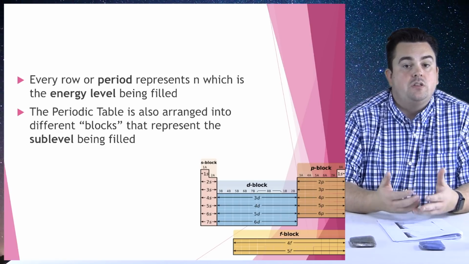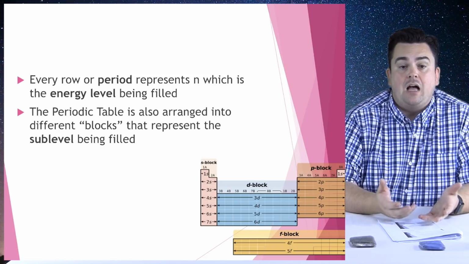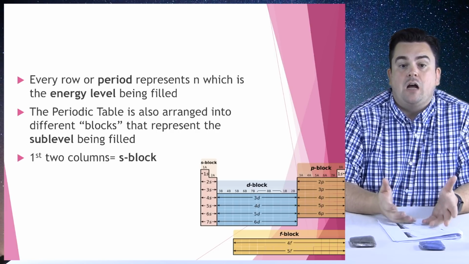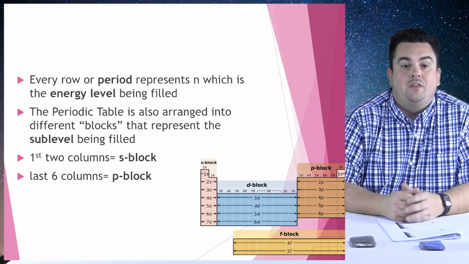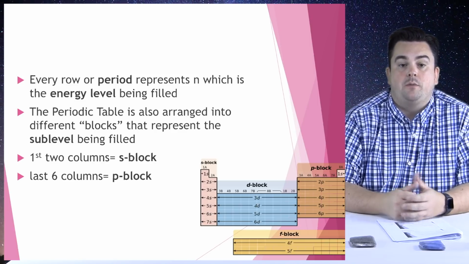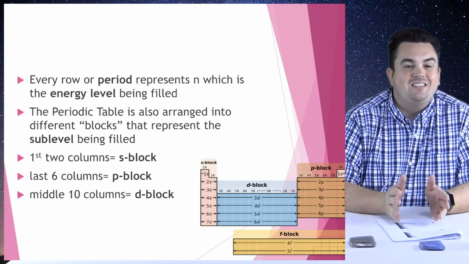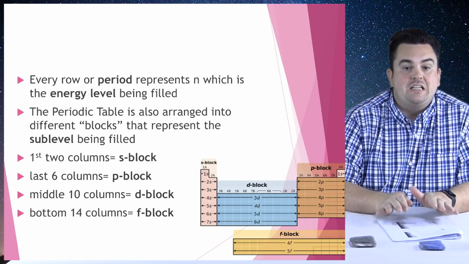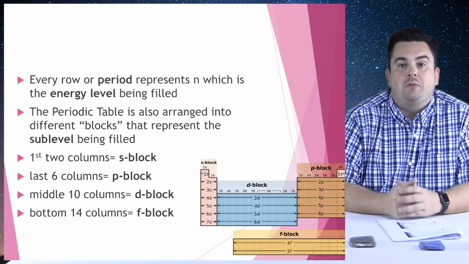The periodic table is also arranged into different blocks that represent the sublevel being filled. The first 2 columns are the s block. The last 6 columns are the p block. The middle 10 columns are the d block. And that bottom 14 columns there, that's the f block.